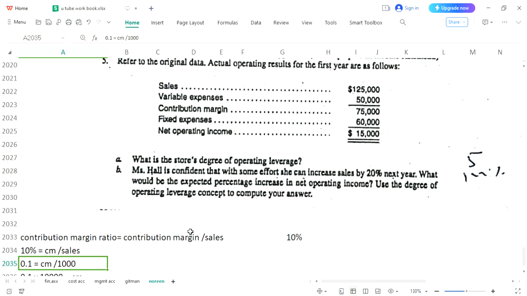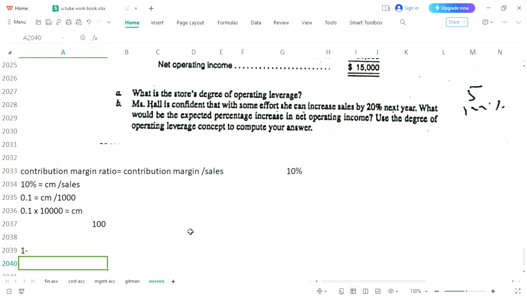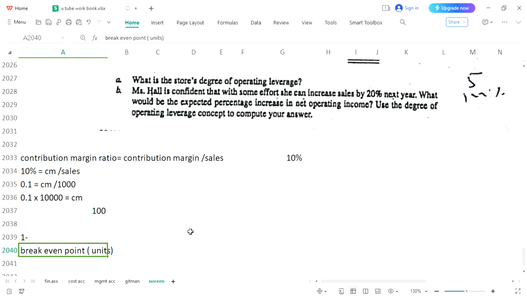So let's go and start our question. First requirement is the break even point, but in terms of units. And how do we calculate it? Fixed cost would be divided by CM per unit, or contribution margin per unit.